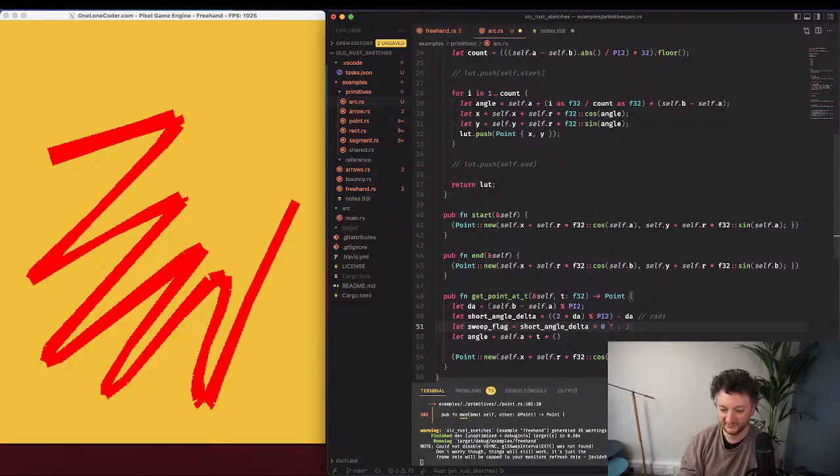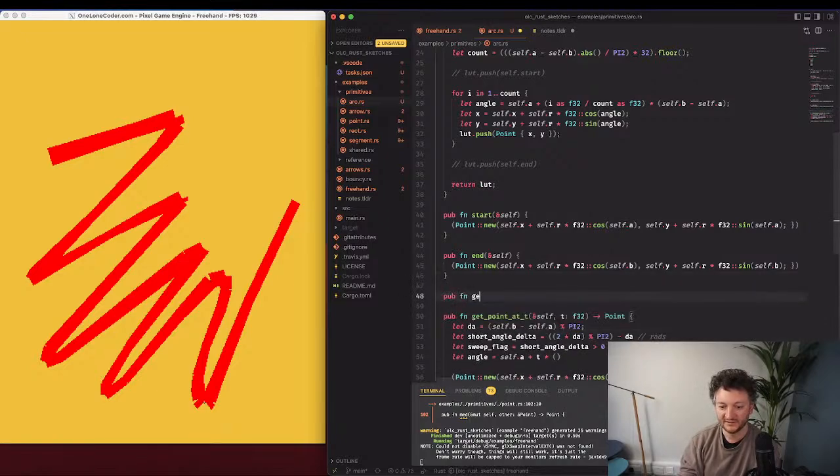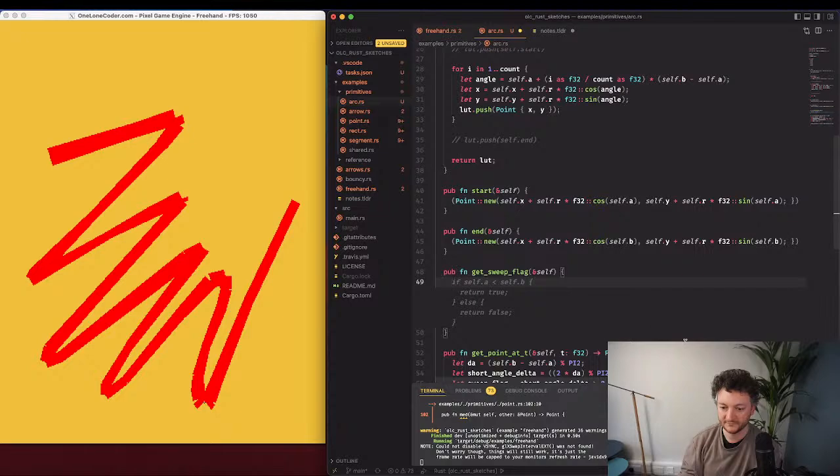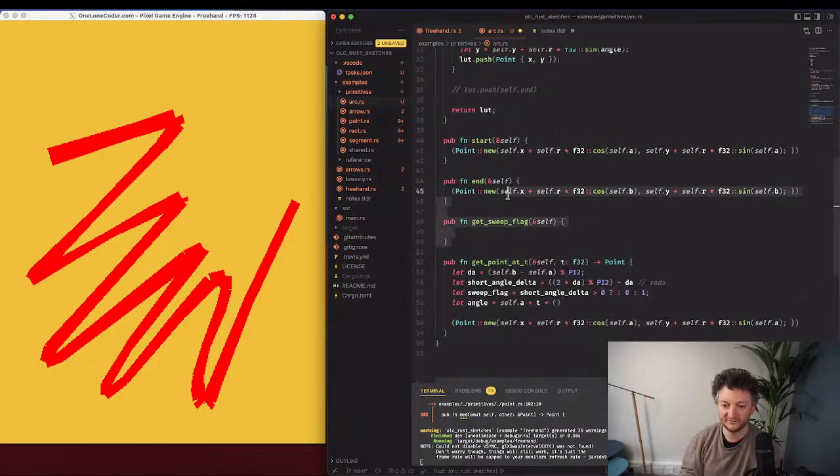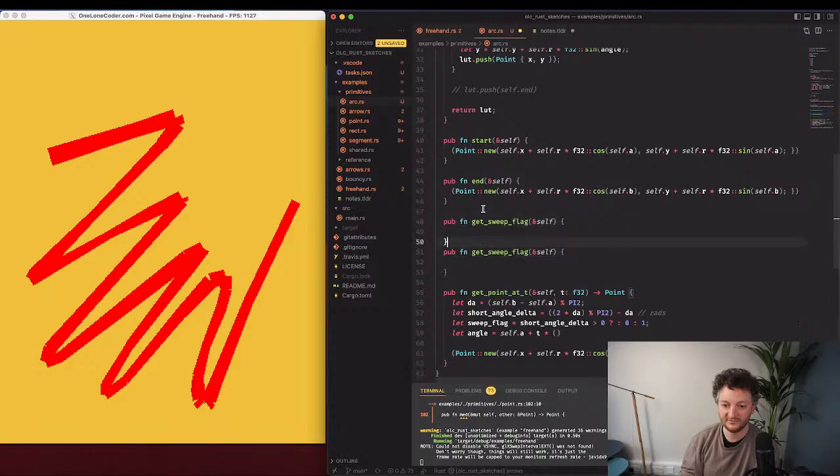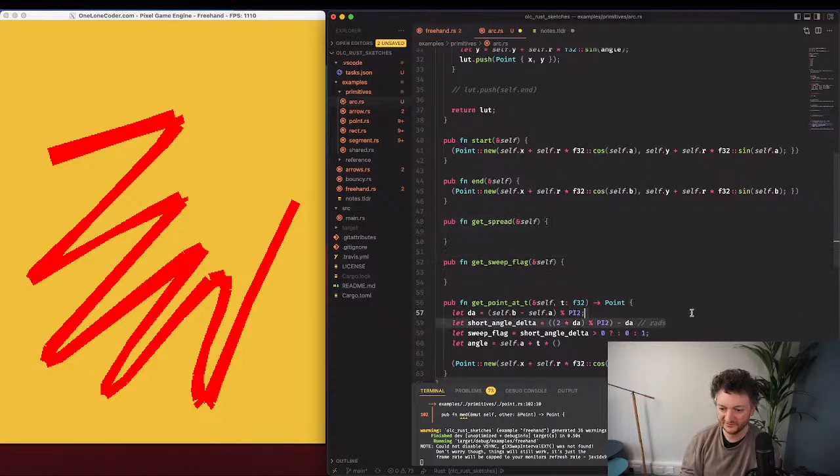Can we do this in Rust? We'll find out. And then actually, let's do that as a method, because we'll need to get that a few times. And then let's also get the distance. Let's call it spread, I suppose.